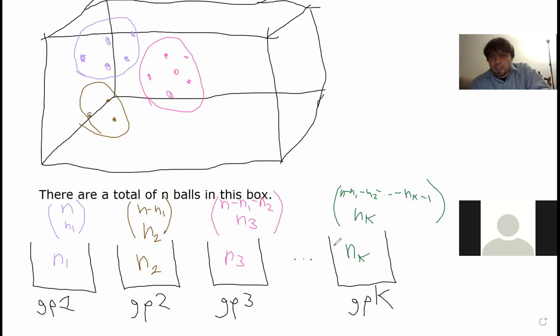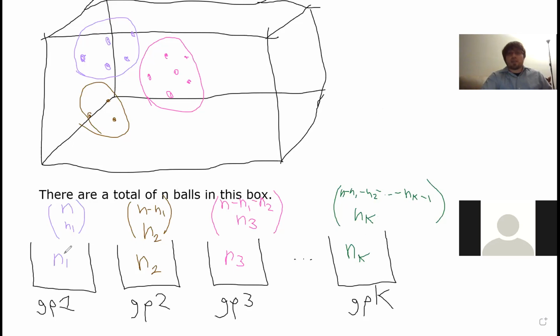Okay? So actually what's happening here, since n is equal to the sum of all the n's from n1 to nk, n minus all these things is n sub k. So this value is actually n sub k itself. This is n sub k, choose n sub k. Each of these expressions is the number of choices you have for each group.